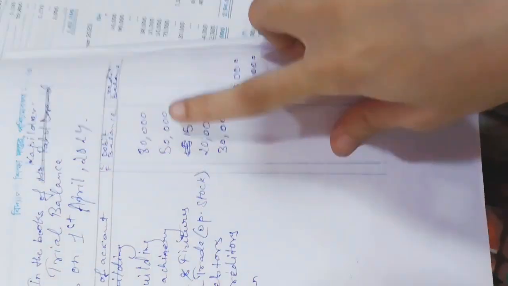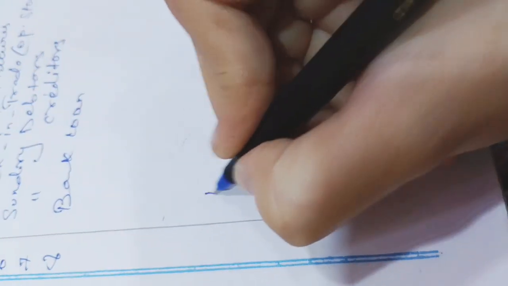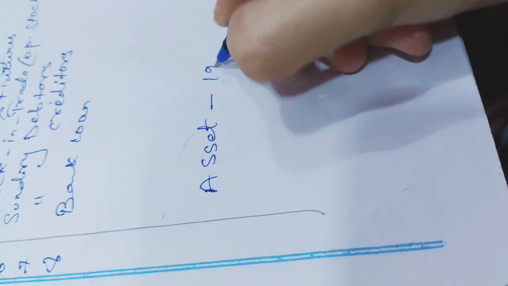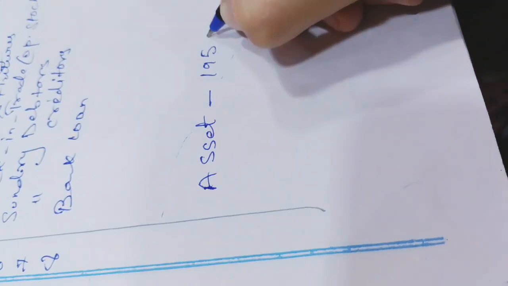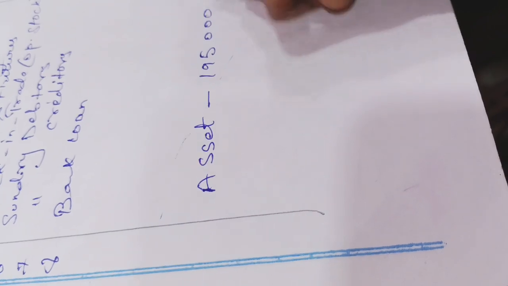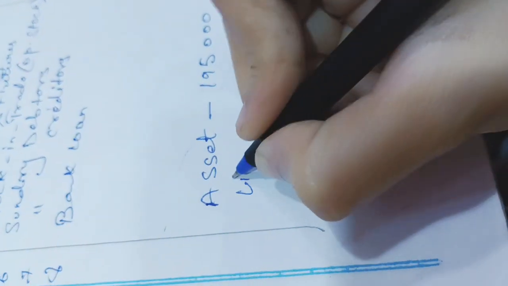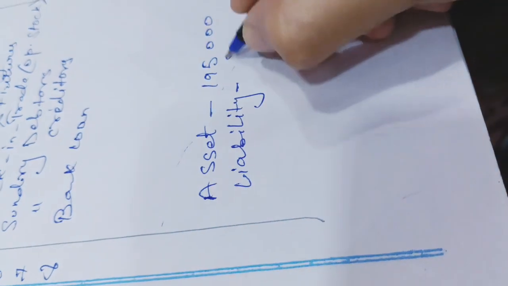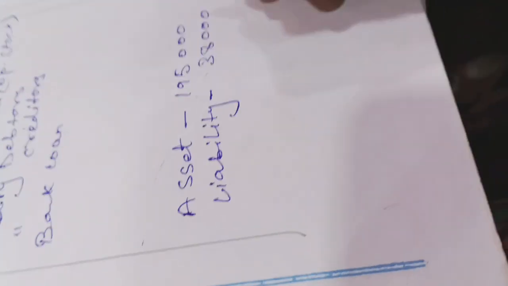So now comes the twist. This is our asset and liability. So total asset is 1,95,000 and total liability is 38,000.